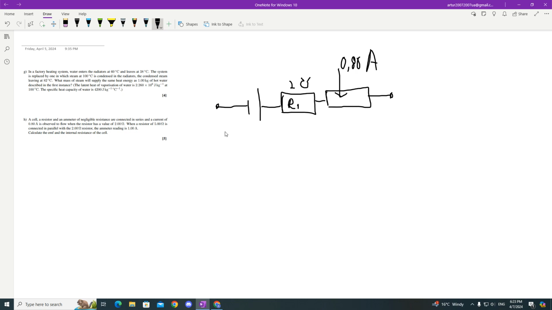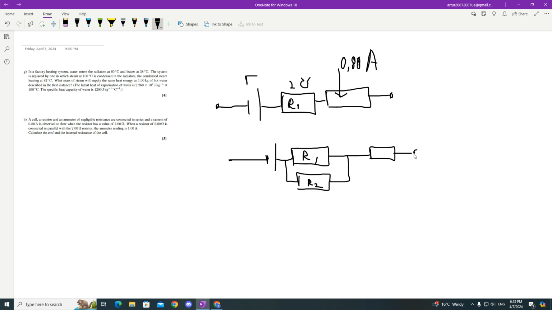We also have a second circuit that has 5 ohm resistors connected and a different value of current, 1 ampere. It also has internal resistance. We have the first resistor, a parallel connection, the second resistor, and an ammeter, and it shows 1 ampere.